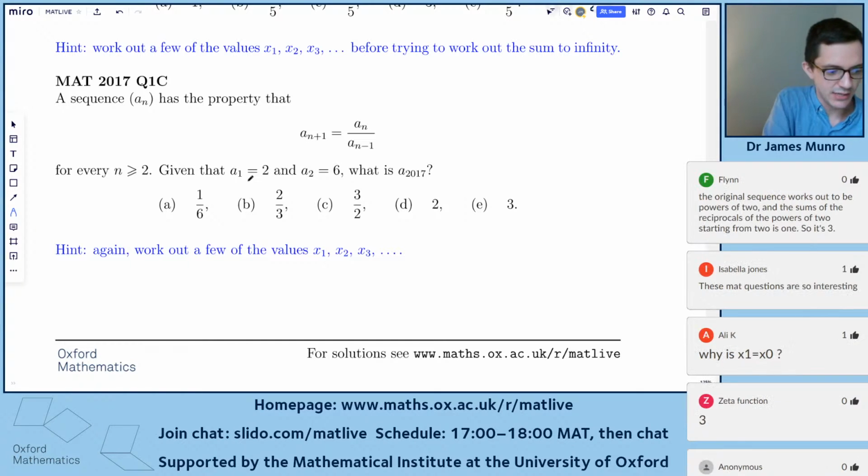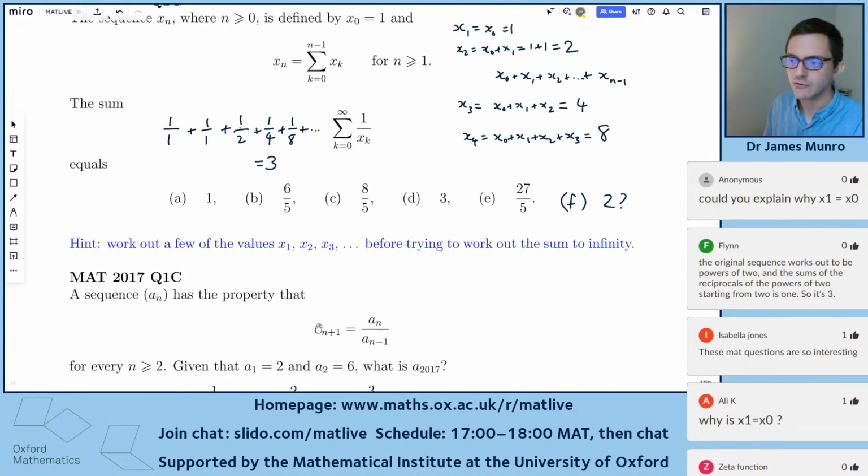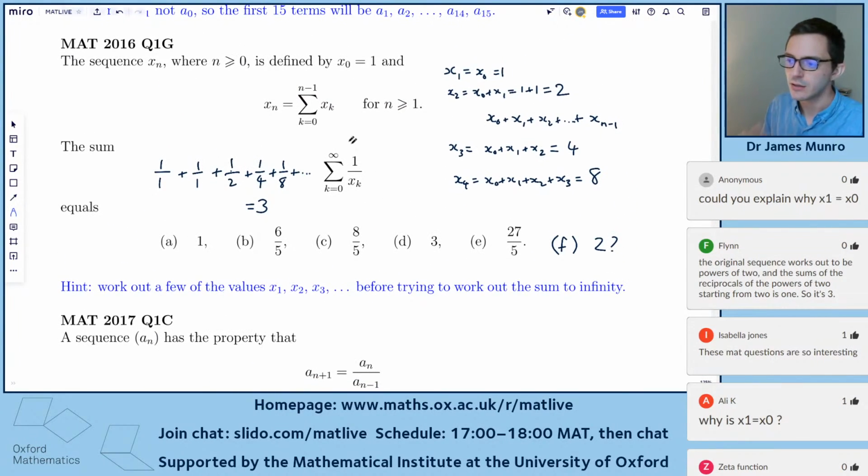It's really good, isn't it? It's strange that the first one is so x0 is 1, and then x1, let's be really careful, x1 is the sum, so n is 1, is the sum from k equals 0 of xk up to 0, because n minus 1 is 0.